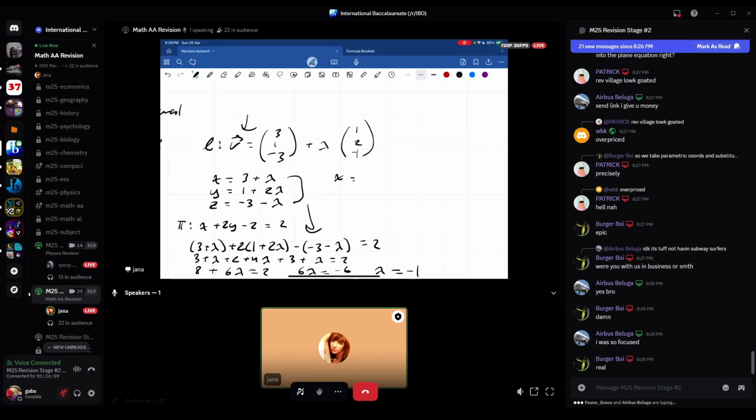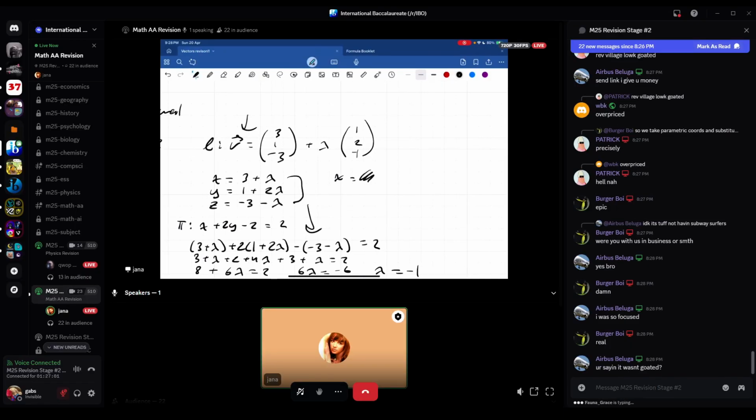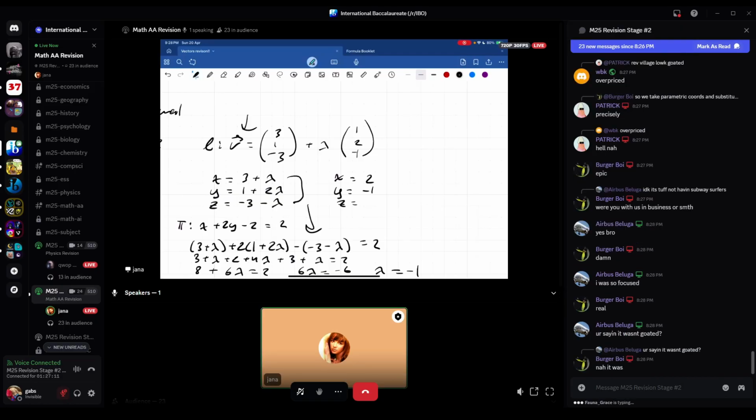Put it back into here. So x is 3 plus negative 1, that's 2. Y is 1 plus negative 2, that's negative 1. Z is negative 3 minus negative 1, that's negative 2. So these are the coordinates for point G, our point of intersection.